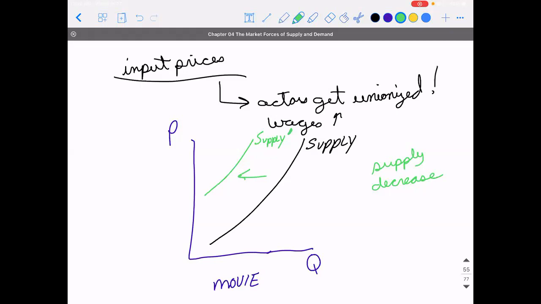Everyone is moving their movie productions to Georgia. So the consequence of that, if we have a lack of unions, is that it's going to cause an increase in supply.